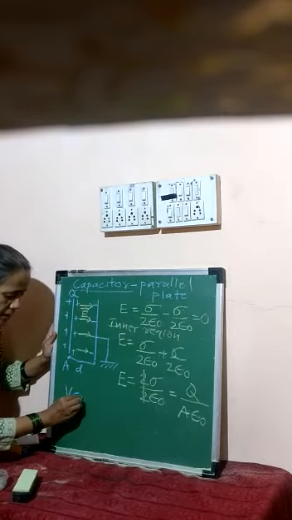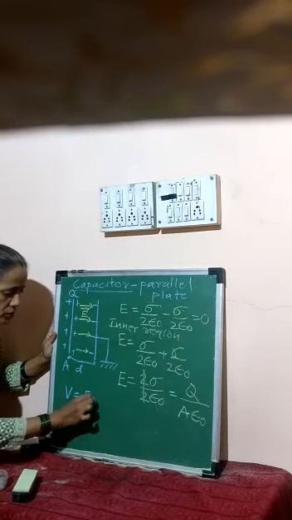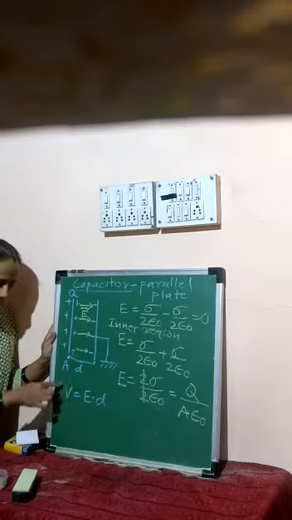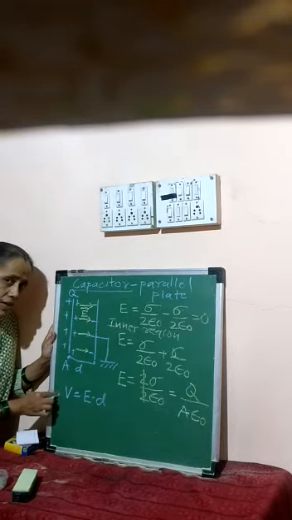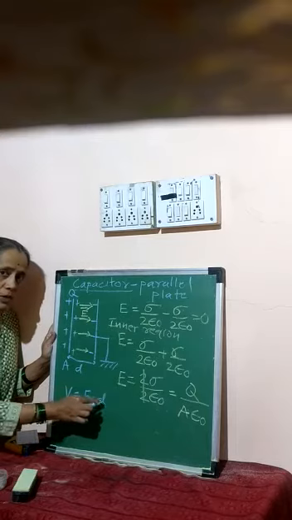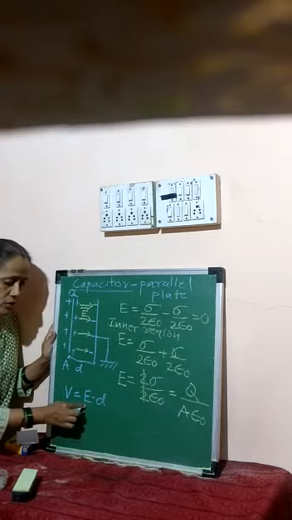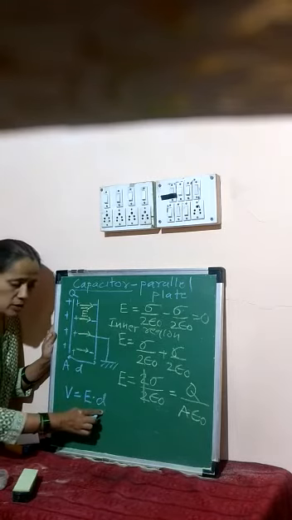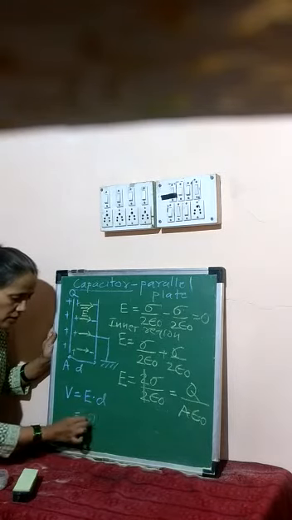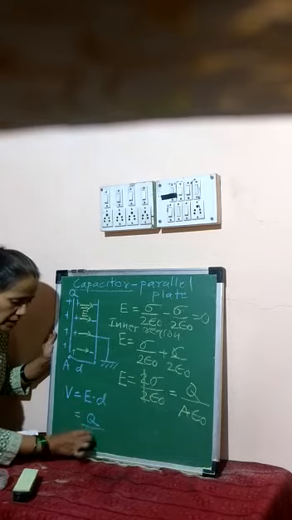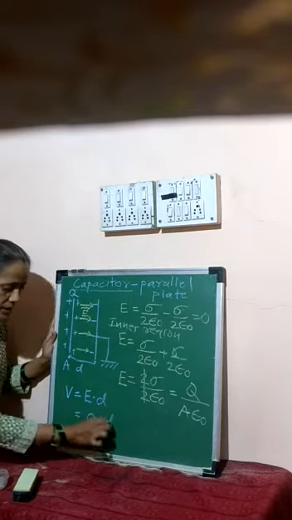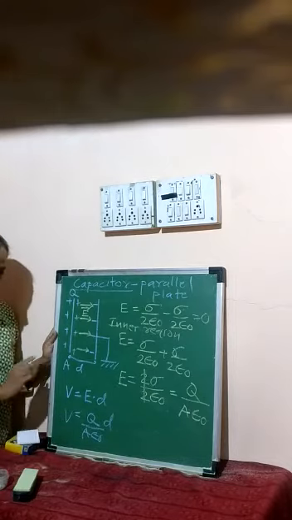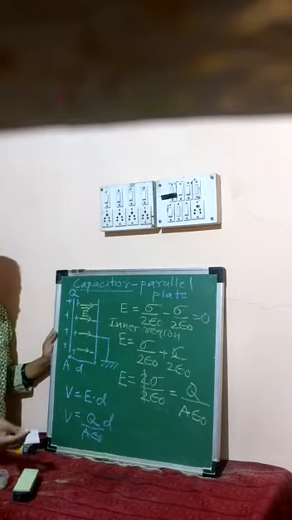Potential V is equal to E into D. Potential is work, and work is force into displacement. So the electric potential V is equal to E into D, where E is Q upon A epsilon naught. This is your V.